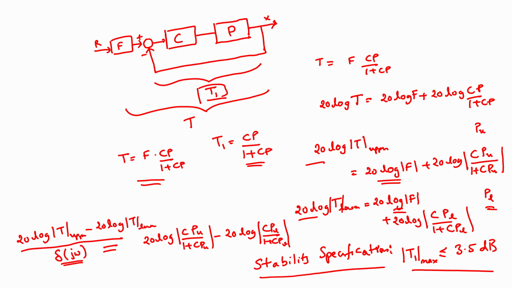So, when our transmission function T1 assumes a value of around 3.5 dB, which corresponds to about 1.5 in the linear scale, the corresponding phase margin can be shown to be close to around 40 degrees, which is typically considered an acceptable phase margin when we are undertaking control system design.